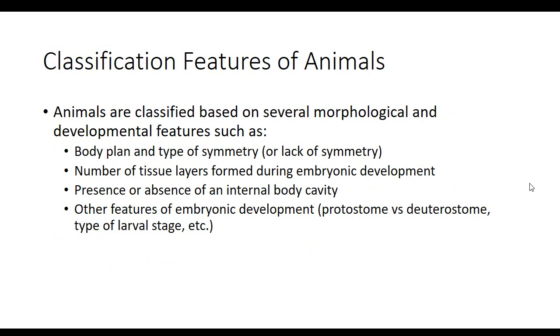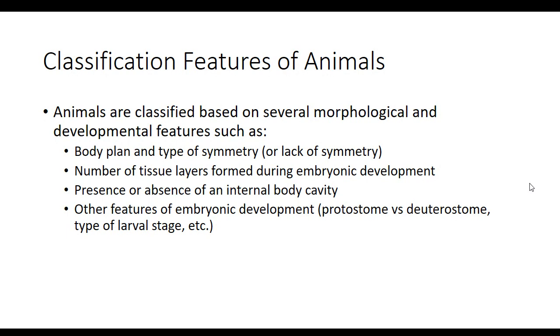Animals are classified into groups, or let's say that different groups of animals have different characteristics of their body form, body plans, including type of symmetry.